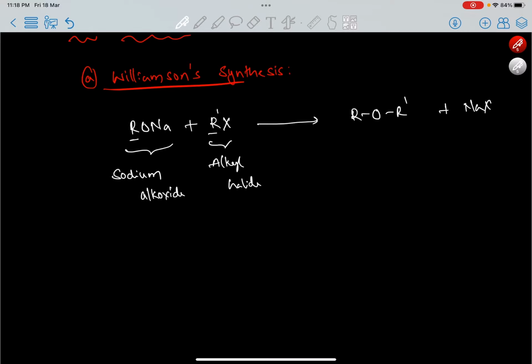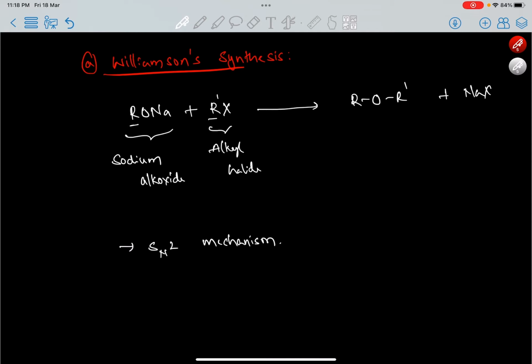There are some important points to be kept in mind in the case of Williamson synthesis. What are they? This reaction proceeds through the SN2 mechanism. That means there is no carbocation intermediate. The attack of the nucleophile and the leaving of the leaving group both happen at the same time.